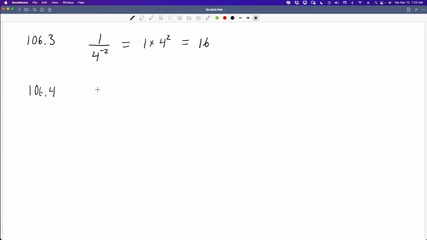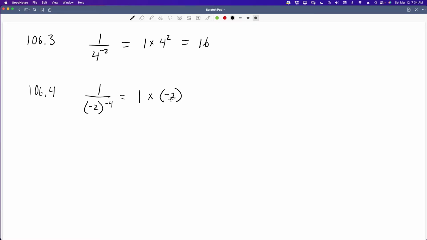We have 1 over negative 2 to the negative 4, right? So we have a negative number, a negative integer, with a negative exponent. So when we flip it, what happens? We keep this negative integer here. This stays the same.